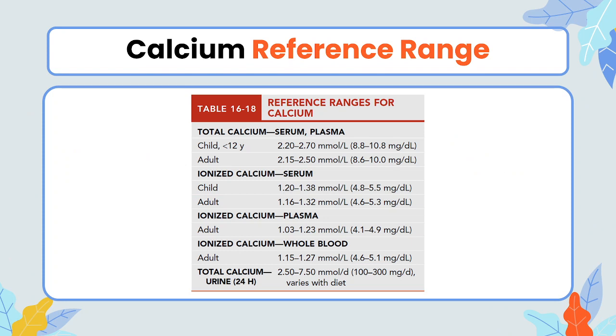So this is the reference range of calcium depending on what we are trying to measure, whether total or ionized in serum, plasma, or whole blood, and then your total calcium in terms of urine samples. So try to remember this one, kids.